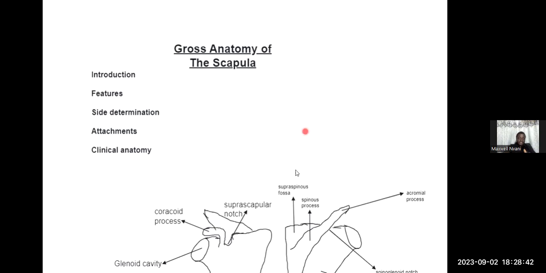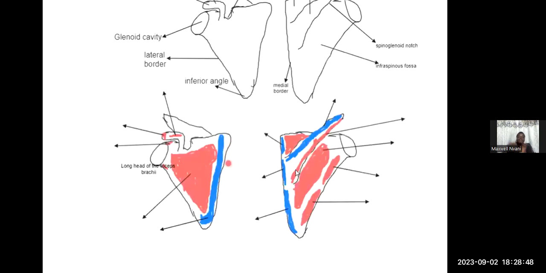Remember, this is your serratus anterior right here. You can see that it holds the medial border to the rib cage and helps with overhead abduction of the arm. So if that muscle is paralyzed and a patient places his hands like this on the wall, you would appreciate the medial border of the scapula, which is not supposed to be so.